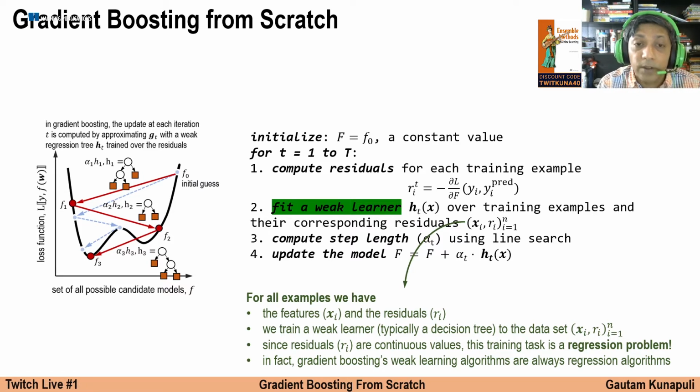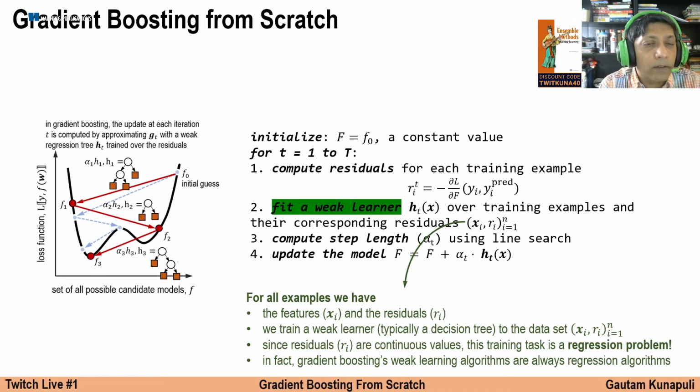It's going to be a continuous value, which means that this surrogate data set that you've constructed over here has a training example and a label, which is a residual, a continuous value. This means that if you want to fit a weak learner on this surrogate data set, you're going to have to do it using a regression algorithm, which means that the internal model that gradient boosting algorithms use are always going to be regression algorithms.